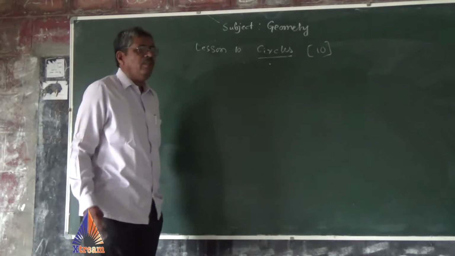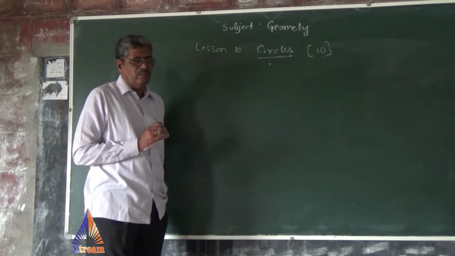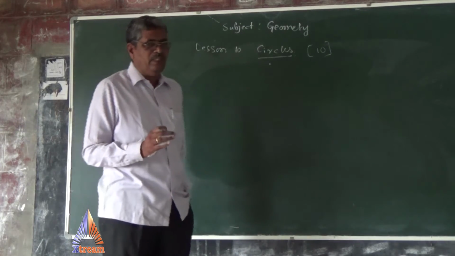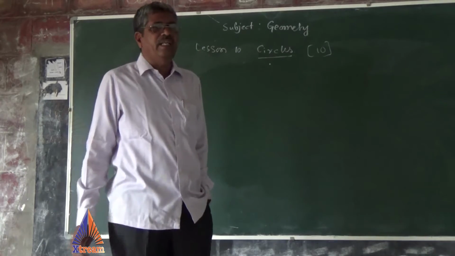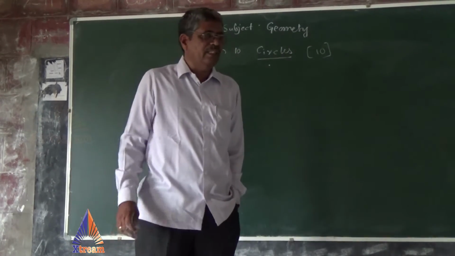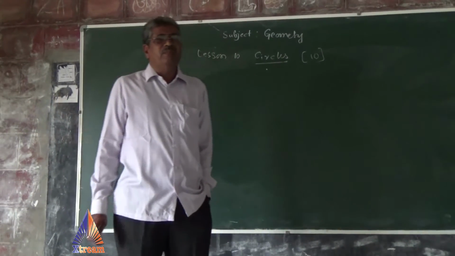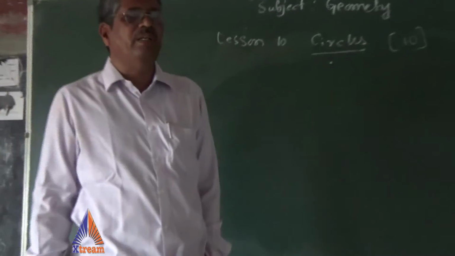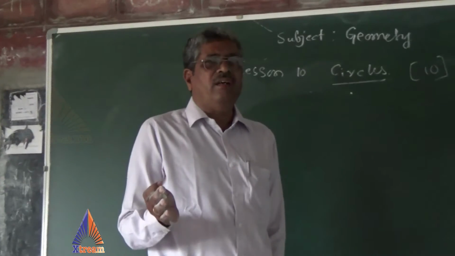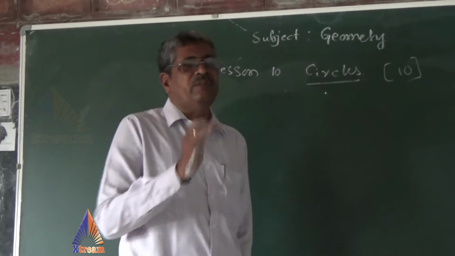Now all of you know the properties of a chord. First, chords that are equal are equidistant from the center. Second, the smallest chord is away from the center. Third, the biggest chord is very near to the center.